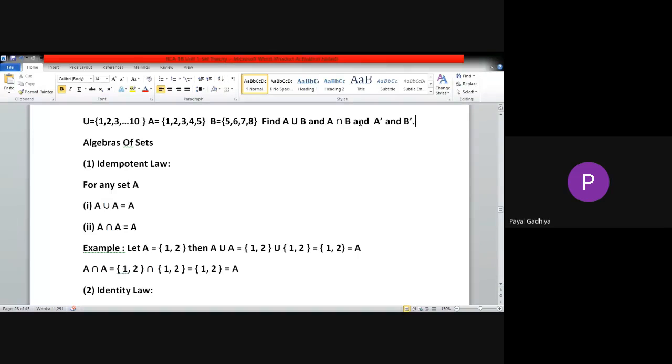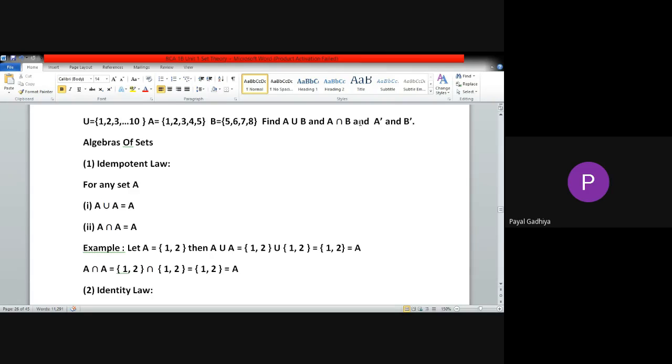Now you have to find B dash. What will be B dash? B dash will be 1, 2, 3, 4, then we delete 5, 6, 7, 8, then 9, 10.